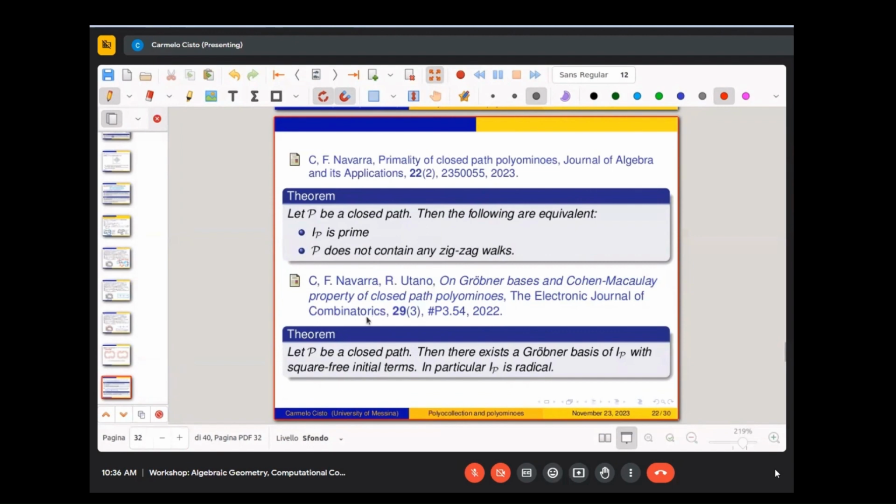The second interesting result is that, using a technique with Groebner bases proved in this paper with Francesco Navarra and Giancarlo Rinaldo, this proves that the ideal associated to a closed path, the polyomino ideal, is always radical.